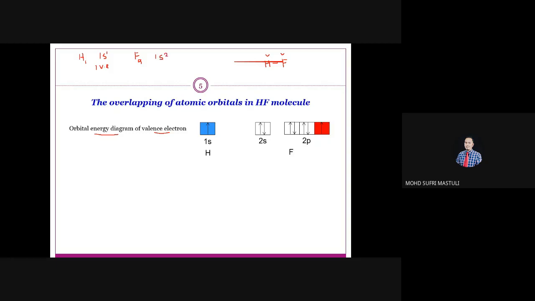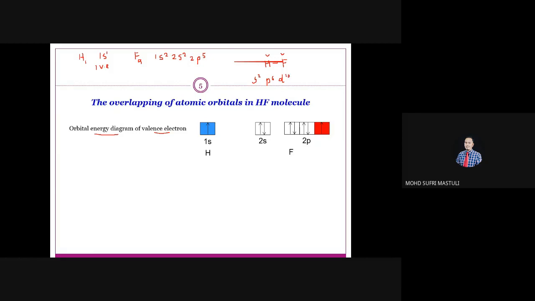For the fluorine, the total electron count is 9, and then you have to write the electronic configuration: 1s2, and then 2s2. After that, it should be 2p. That is already 4, so for 9 it is 2p5. You have to remember that s maximum is 2, p maximum number of electrons is 6, and d maximum number of electrons is 10.